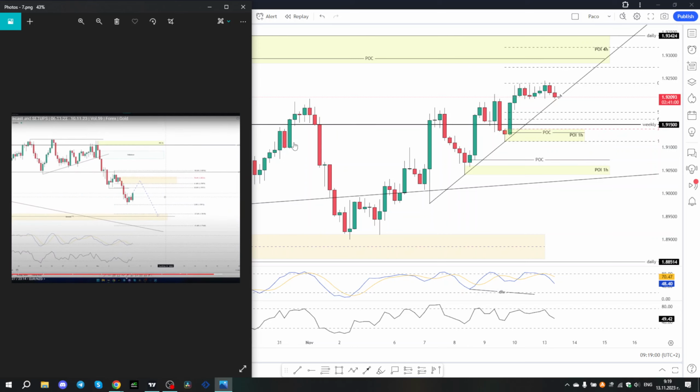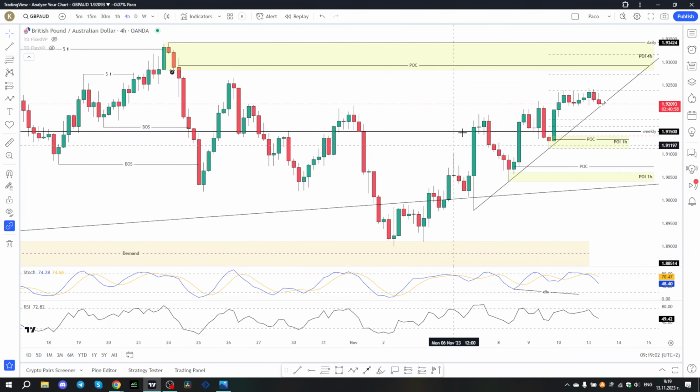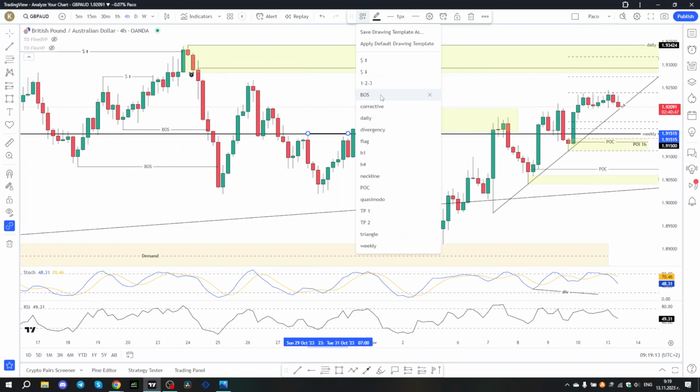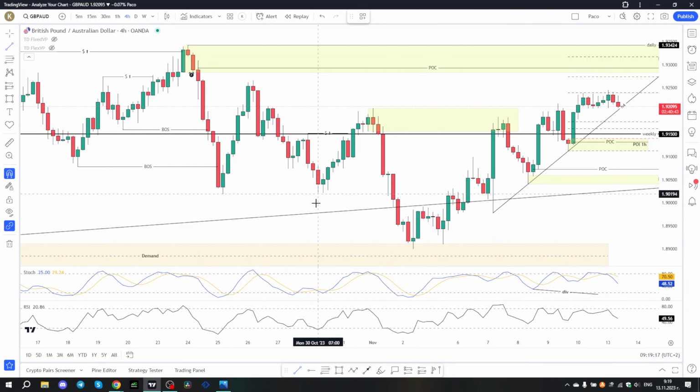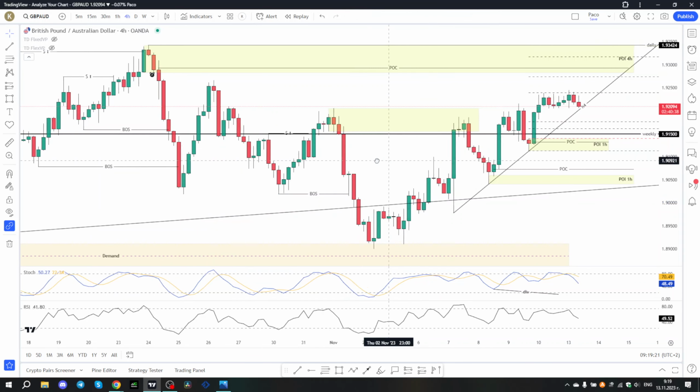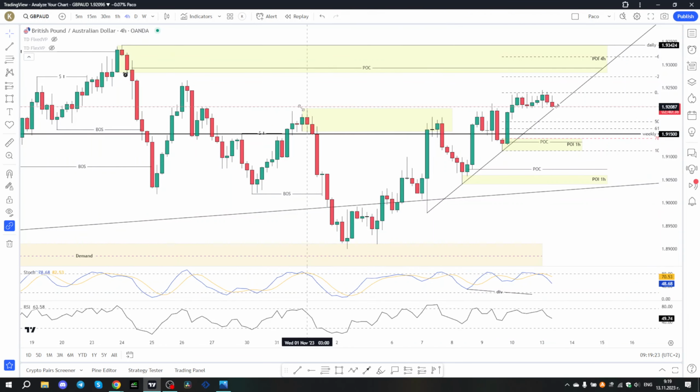Okay, no problem. Last week we were expecting the price to make some down movement. If you want to check, here we had a break of structure, I mean taken liquidity and a break of structure, and we were expecting the price to reach this point of interest on the 4-hour time frame, then to see some pushback.